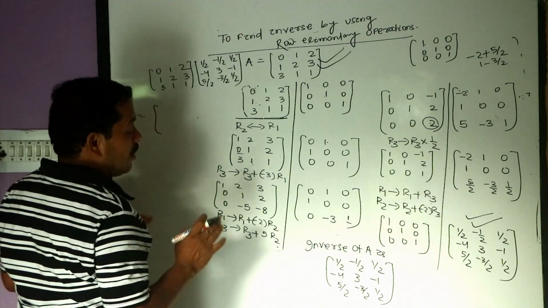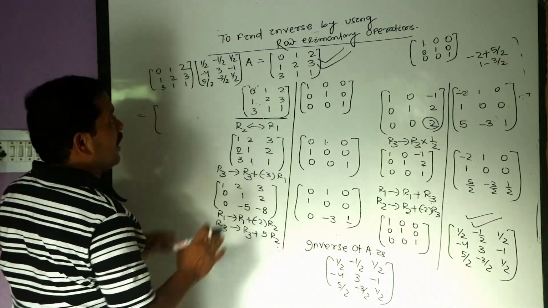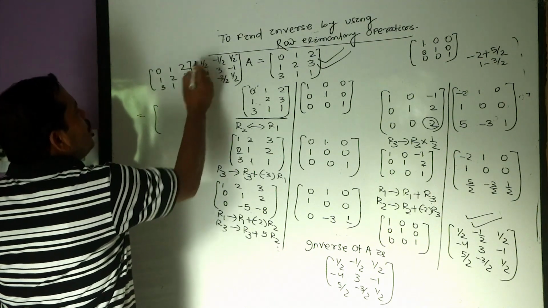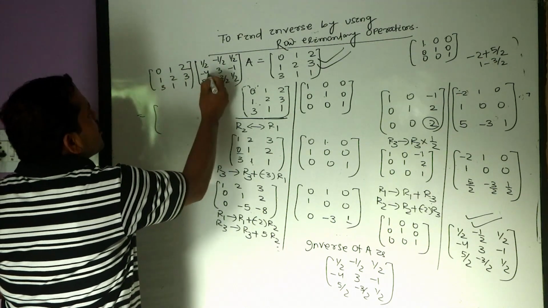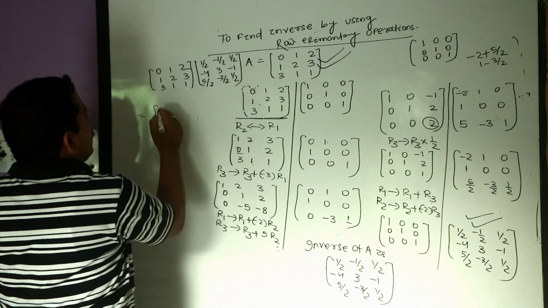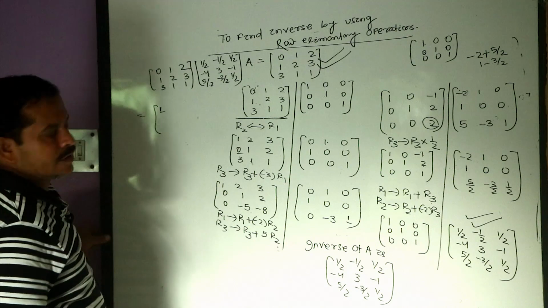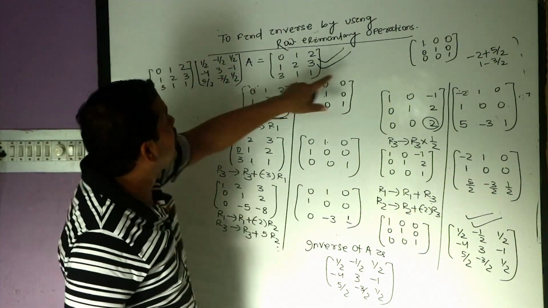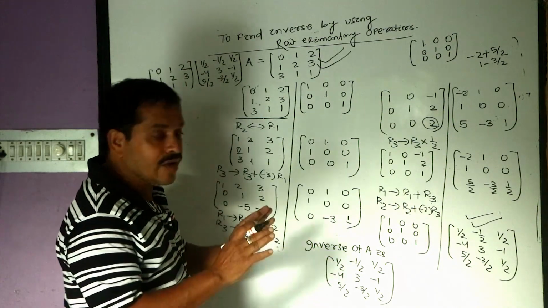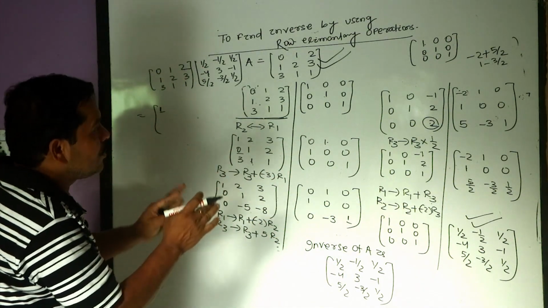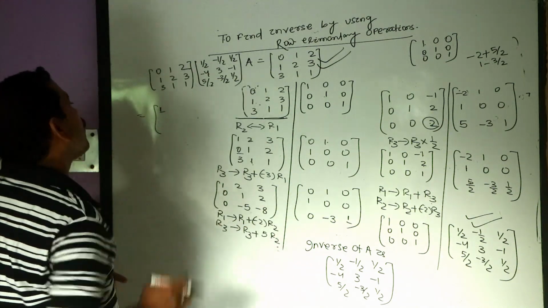First row, first column: 0 with half, 0, 1 with minus 4, that is minus 4 plus 5, that is 1. If you multiply these two matrices and obtain the unit matrix, then the answer is correct. Otherwise, there is some wrong step you have taken, so verify thoroughly.